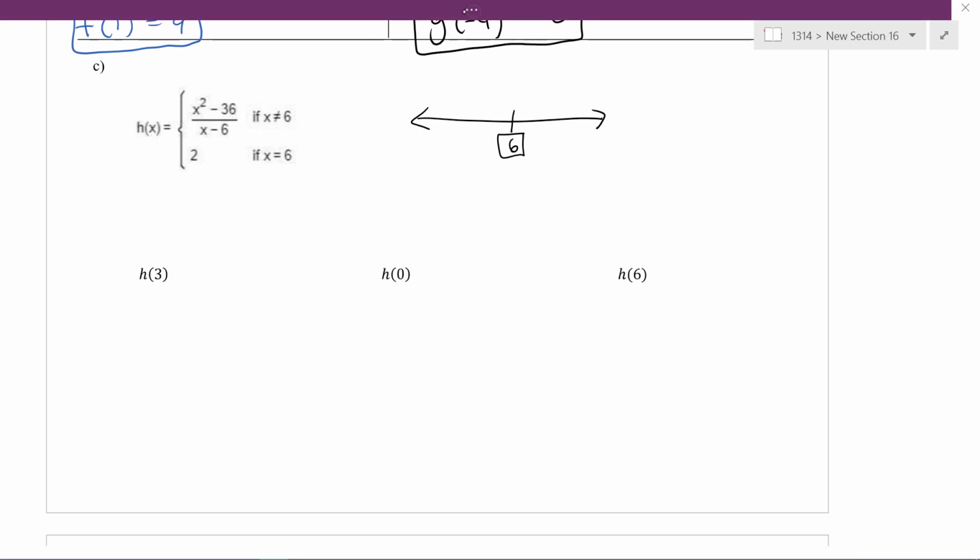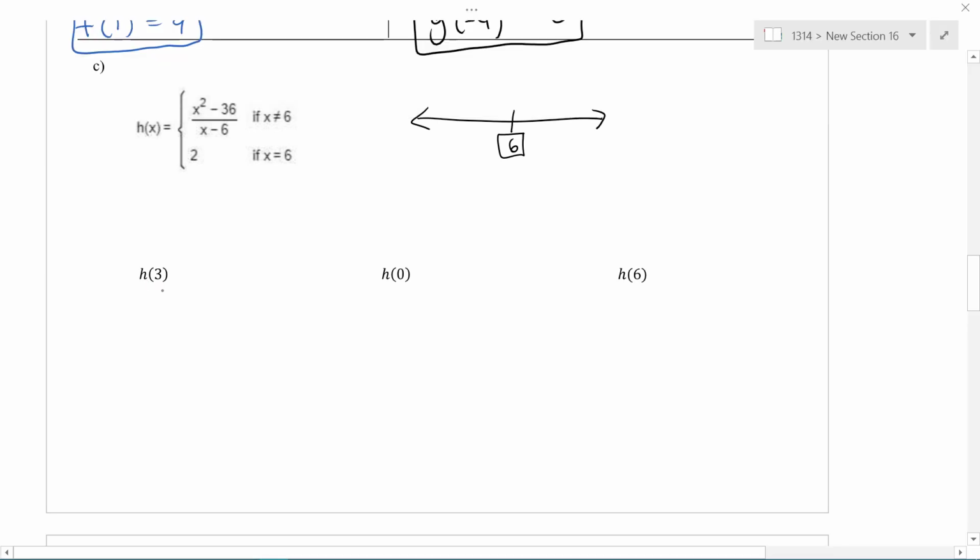Alright, so let's see how we do h of 3. So h of 3. 3 is the x value that's going into the function. So we have to figure out which lane we're going to go in. The number of items in our cart we can think of as exactly 3. If the number of items in our cart is not 6, then we get to go into lane 1.